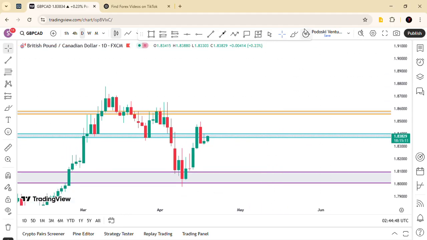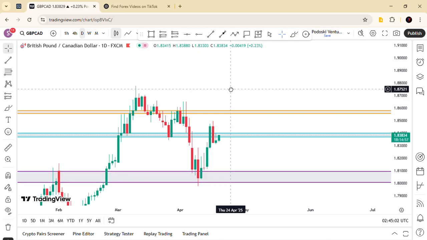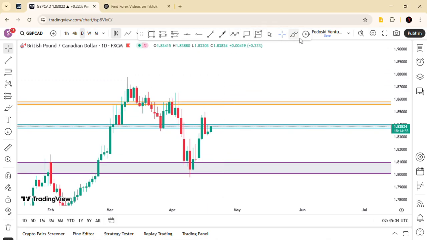So on the daily time frame, we have our daily midway zone here, and what you are seeing on the monthly and on the weekly is the same you are seeing on the daily time frame. So previously, in our previous analysis, market price was around this area.